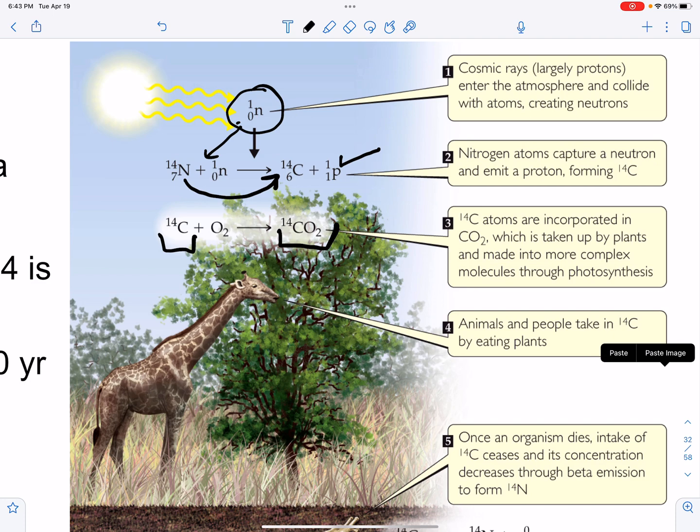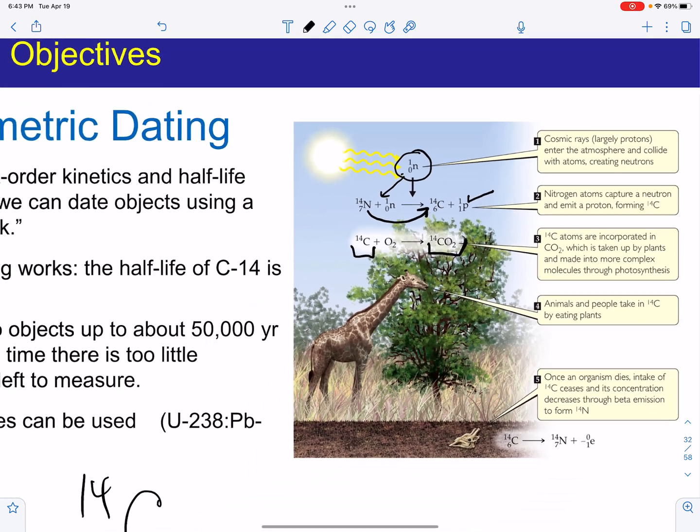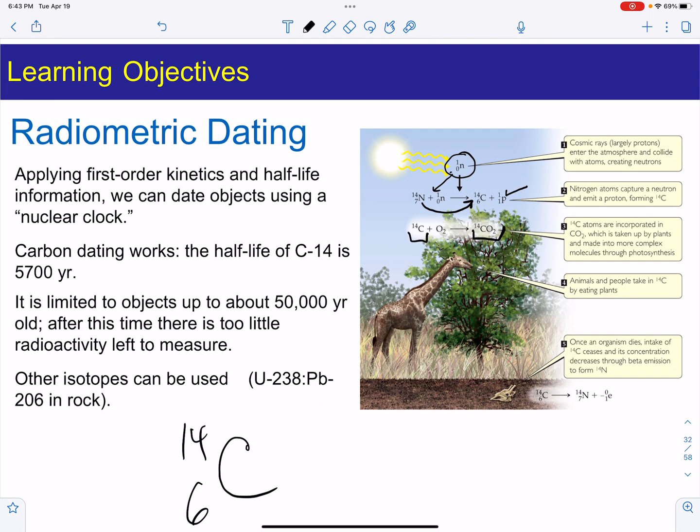So we can measure how much carbon-14 remains compared to what the standard is, and that tells you how long the living organism or the object has been around without having an exchange of carbon with the atmosphere. Basically, whatever carbon they contained in their structure, when they die, that begins decaying without any replenishment from the fresh carbon dioxide. So based on that, we can calculate how old something is.